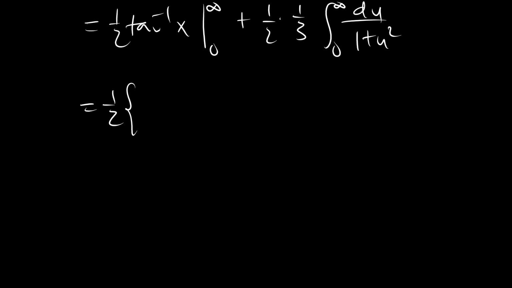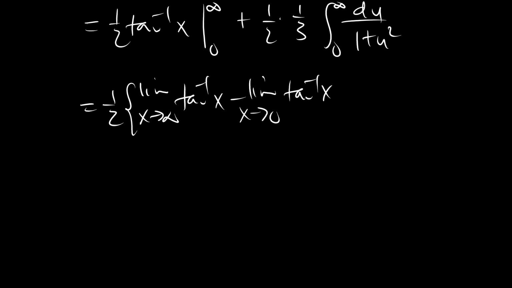So we say limit as x tends to infinity of arctangent of x minus limit at 0 of arctangent of x, plus a sixth arctangent of u from 0 to infinity.